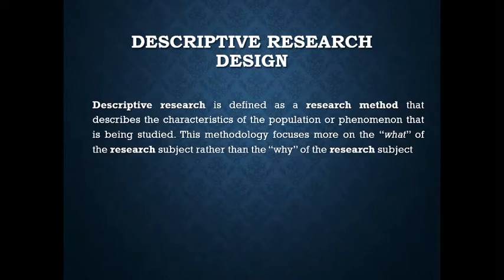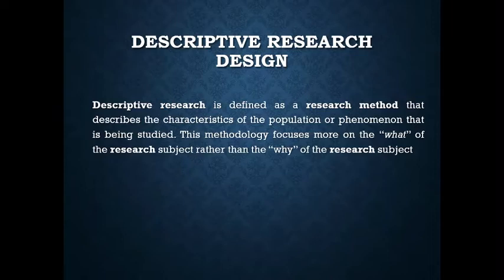Then we move towards the descriptive research. Descriptive research, as its name shows, is a type of a research in which the researcher can describe anything. It is that type of a research in which any research problem is described, or it helps in describing a research problem.